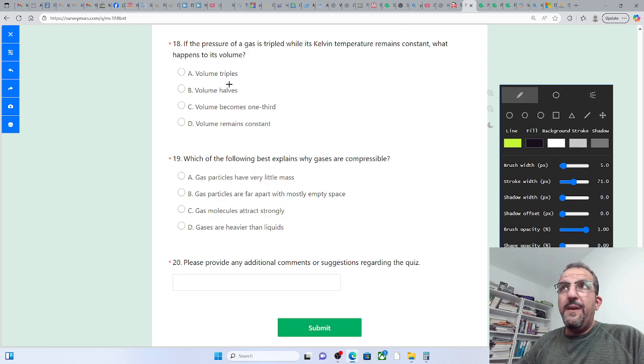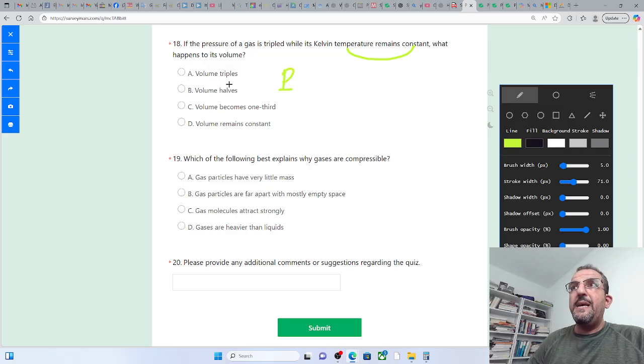If the pressure of a gas is tripled while its Kelvin temperature remains constant, so the temperature is constant, what happens to the volume? Again, from the ideal gas equation we have PV is equal to nRT. The temperature is constant. Here we have the gas constant. Here we have n, which is the number of moles.